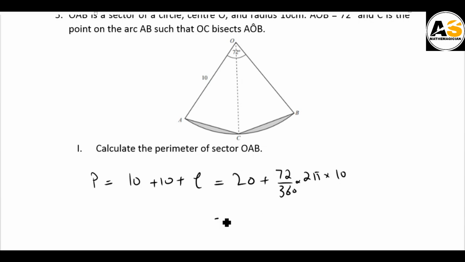So this will be 20 plus 4 pi, which will be 32.566 centimeter, rounded off to 32.6 centimeter. I hope this is clear.